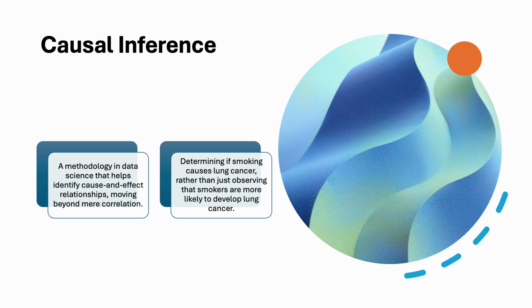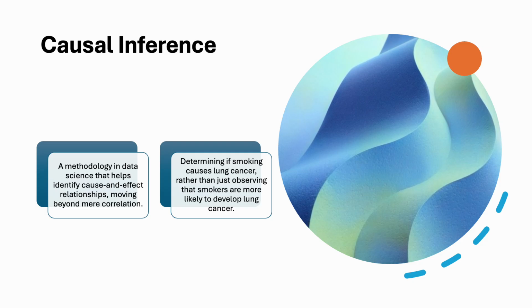For example, scientists don't just want to know that smokers are more likely to get lung cancer, they want to prove that smoking causes lung cancer. This requires careful analysis to rule out other factors to confirm the direct link.